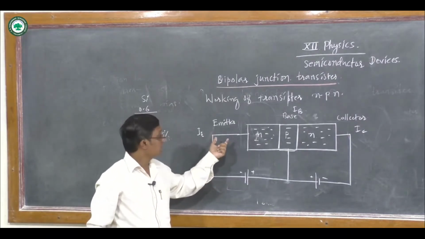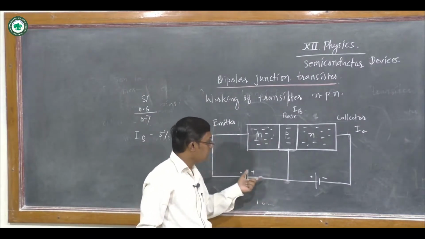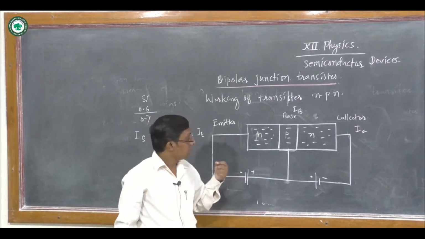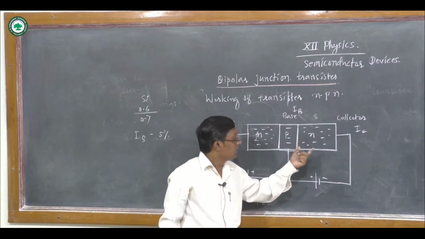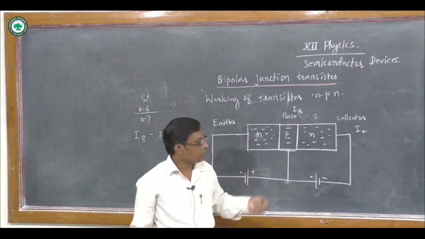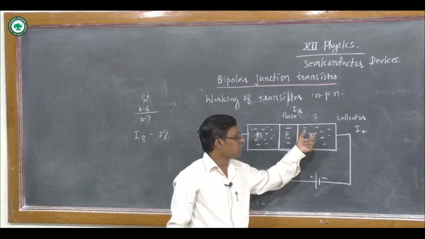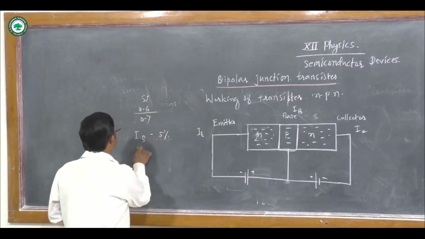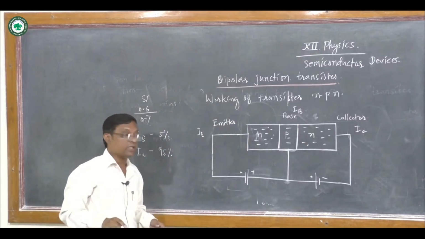Of the current flowing through the emitter and base, we get only 5% through the base, and the remaining current starts to flow in two directions. One is in the base and another in the collector. The majority carriers, electrons, cross this depletion layer and enter the collector, which constitutes the collector current, which is 95% of the emitter current.